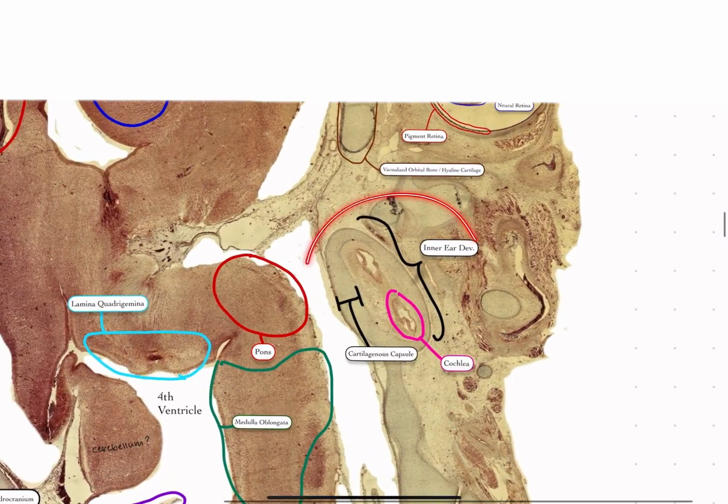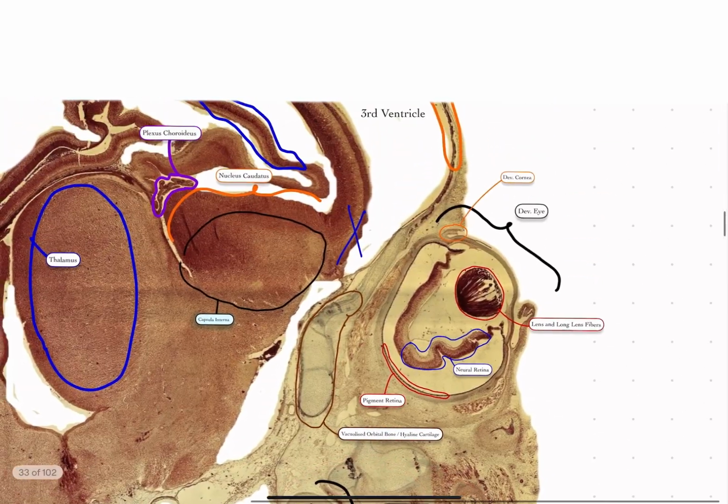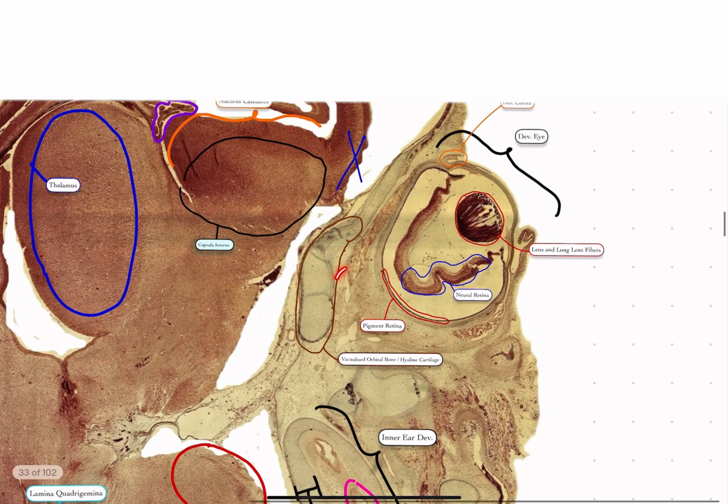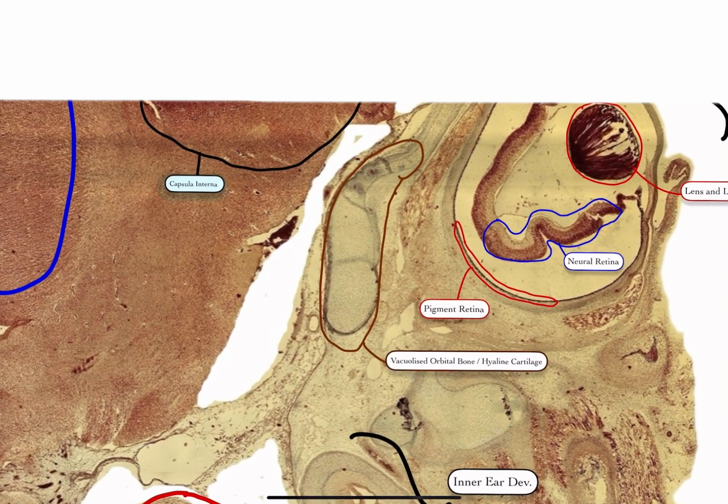Before we get into the developing inner ear, I would like to talk about an additional bone-like structure that is close to the eye, without really delving into the development of the eye, because again that is from a structure in class 6. The structure I want to talk about is the vacuolized orbital bone, aka a type of hyaline cartilage, right?